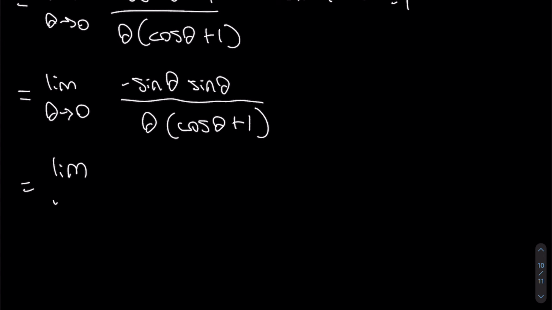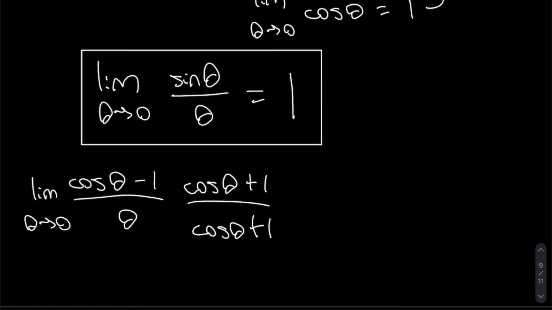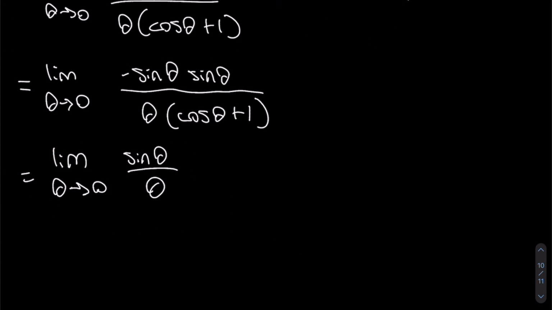So I'm going to split these up. So this will be the limit, which we already know what it is. This is 1, this limit, right? We already solved this up here. Okay, times, again, I'm bringing these limits inside, sine theta over cos theta plus 1.